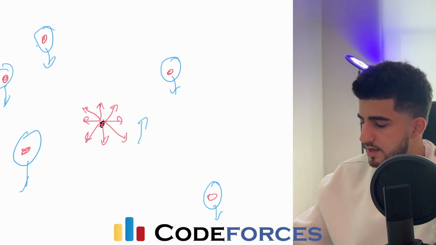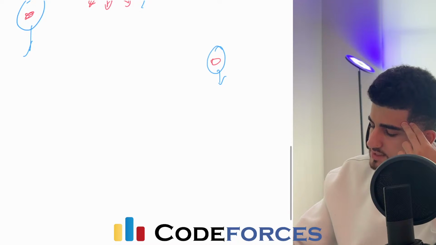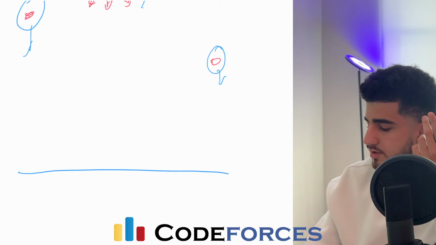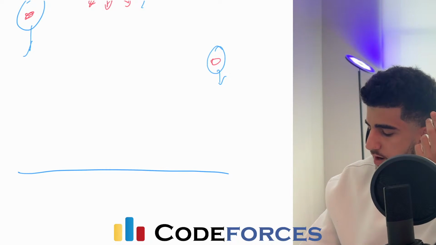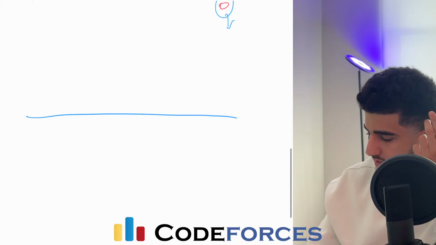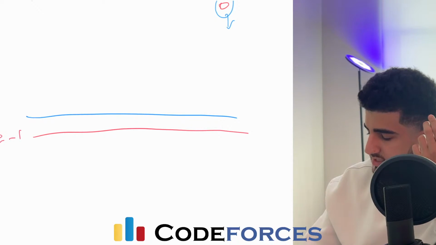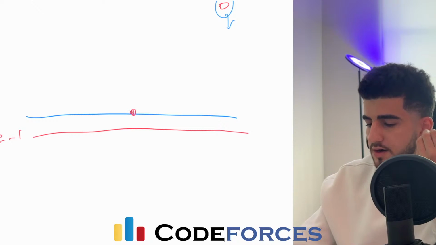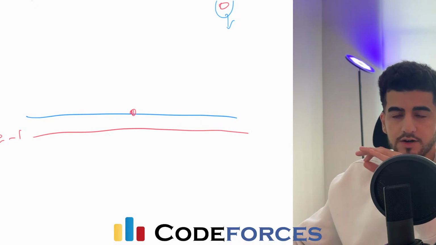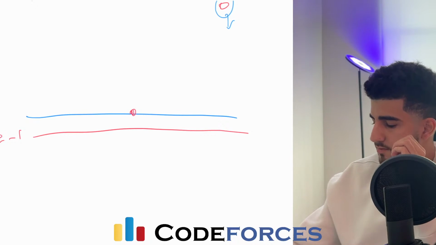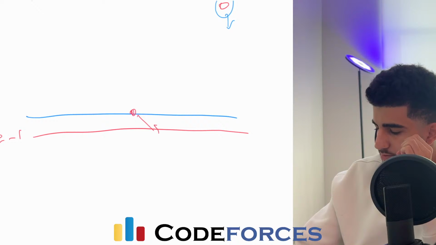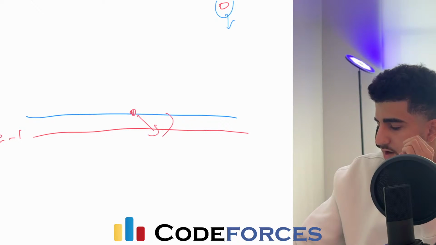And if you consider that, then you can easily see that Monocarp can reach any point such that its value of y is greater than or equal to -1. Because initially the value of y for Monocarp is 0, and each time first it can decrease it by 1, but afterwards y will be increased by 1.